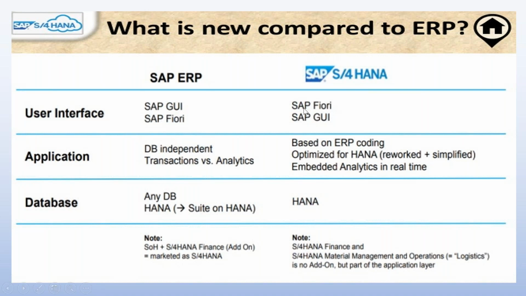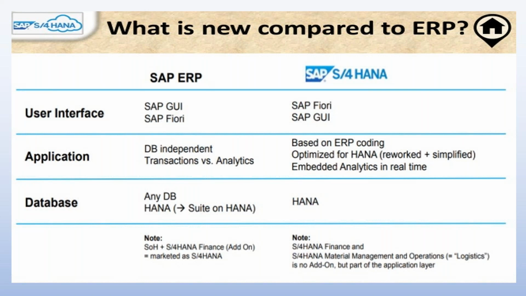But in S4, Fiori is very interactive and very fast. So if any customer is going to S4HANA, they have to use Fiori. Now, what is Fiori? I will show you. We are also going to work a lot on Fiori. But remember this one: Fiori goes on top when it comes to S4.